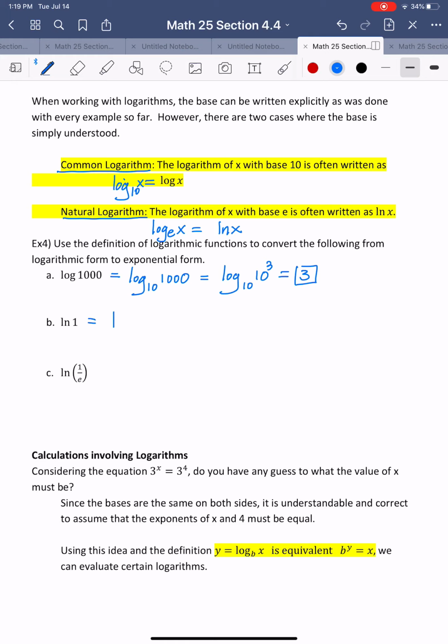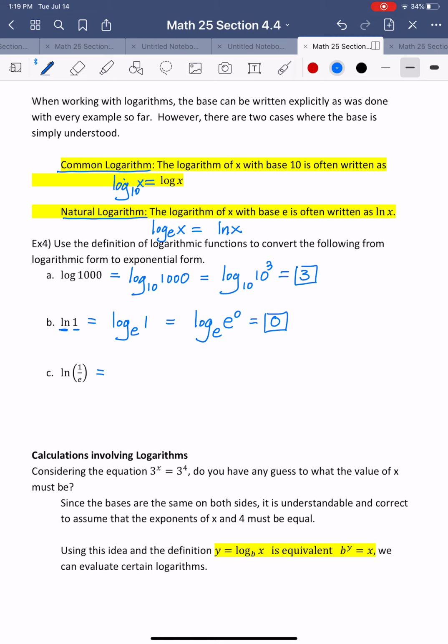ln 1 means log of base e of 1. So this time, if I'm matching it, I want to say base e to the 0 is the same as 1. So I want to say 0. So this is the meaning of 0. But remember, the log of 1 with any base is going to be 0.